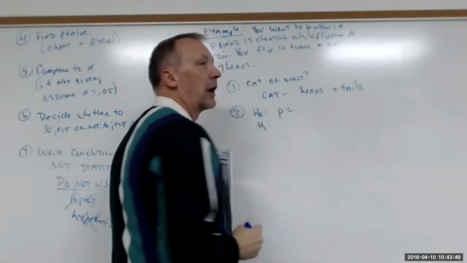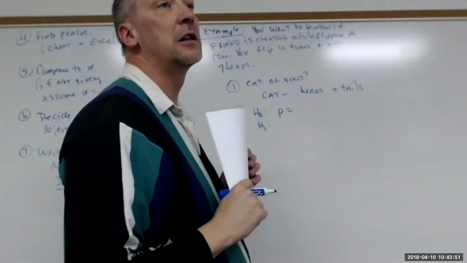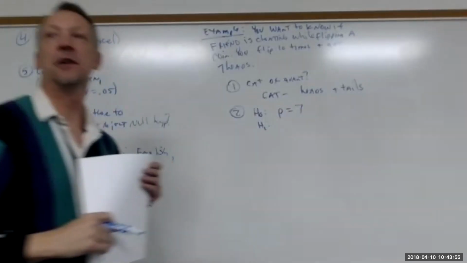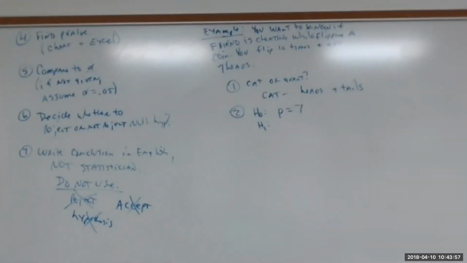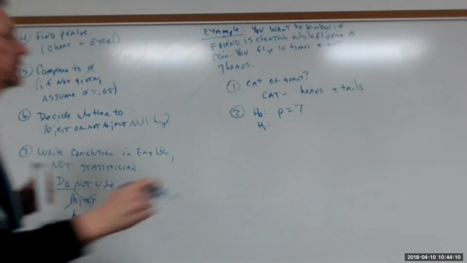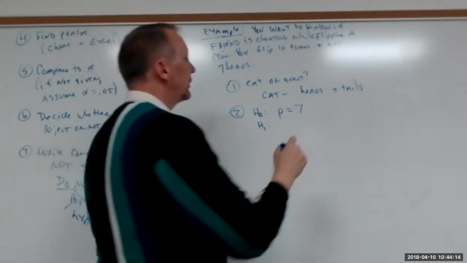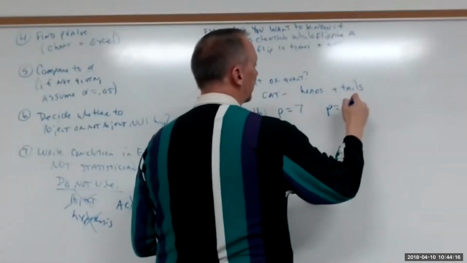P equals 7. Who agrees with Amanda? 1, 2, 3, 4. Who disagrees? Caleb, what do you think it is? Should that be 5? 5 out of 10, so 0.5. So you're saying P equals 0.5.